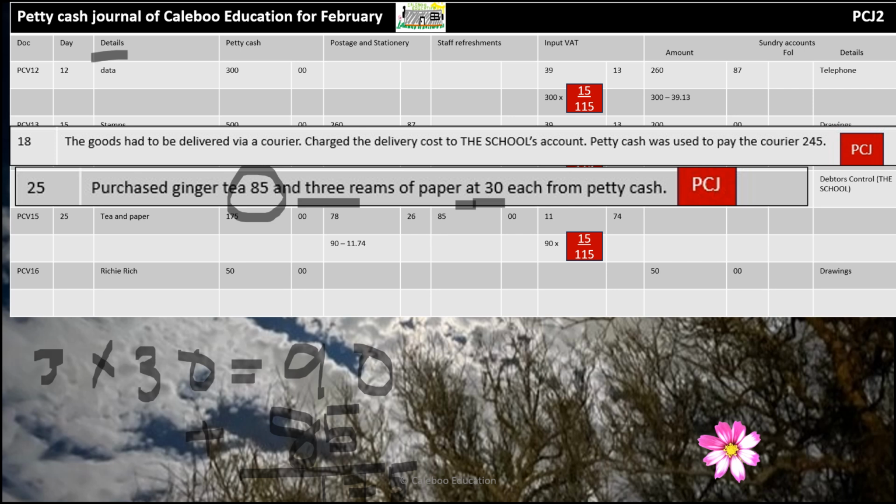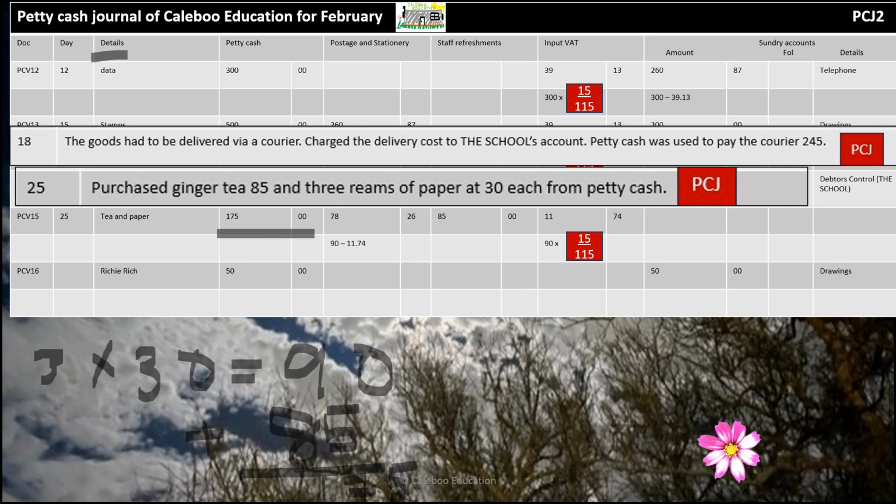So the cash that was used from the petty cash for this transaction, let's just say we bought the tea and the paper from the general store, which sells a whole variety of items. The total cost was 175.